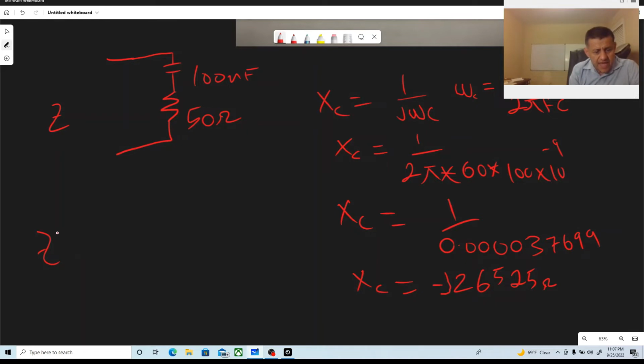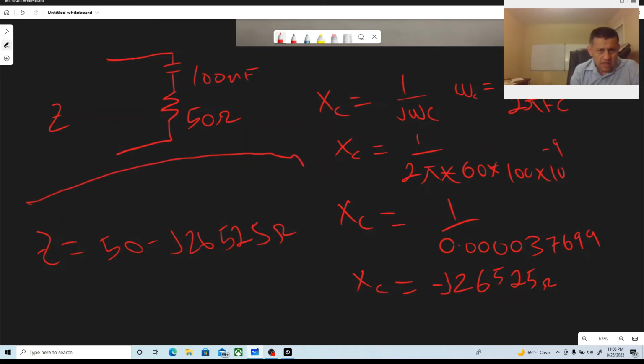So that is going to be equal to 50 in series with a negative J, which is the capacitor reactance, J 26.525 ohms, right?